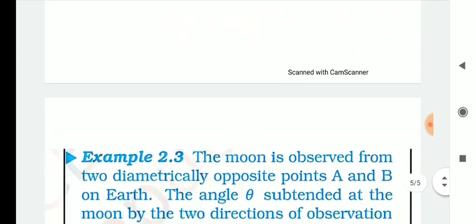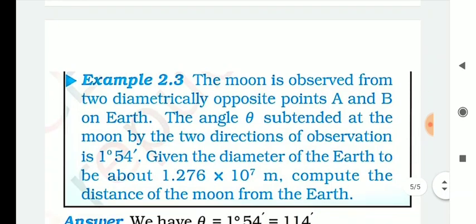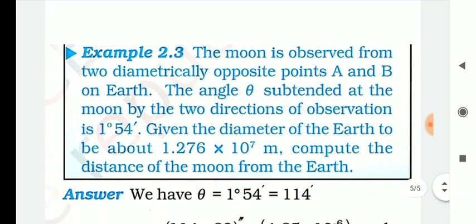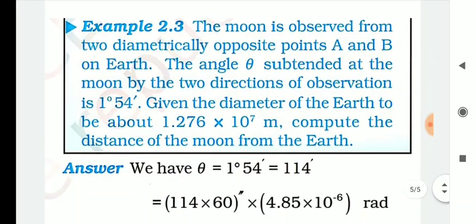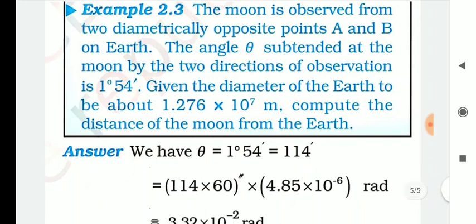Now, at the last, we have one example problem related to the parallax method. That is an example from your NCERT book also, Example 2.3. The moon is observed from two diametrically opposite points A and B on Earth.